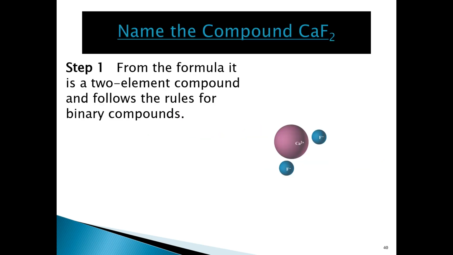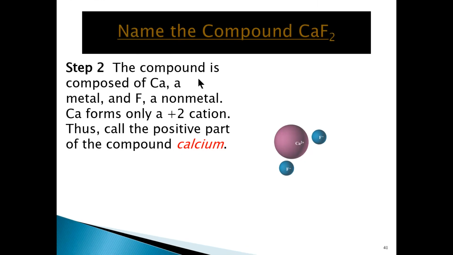Okay, so let's look at this example. Let's say you're given this formula, CaF2, and you're asked to name it. Now you should immediately recognize that this is a binary ionic compound because there are only two elements present. One is a metal, the other one is a nonmetal. The next step is to identify the ions involved. One of them is the calcium ion, which has a +2 charge.